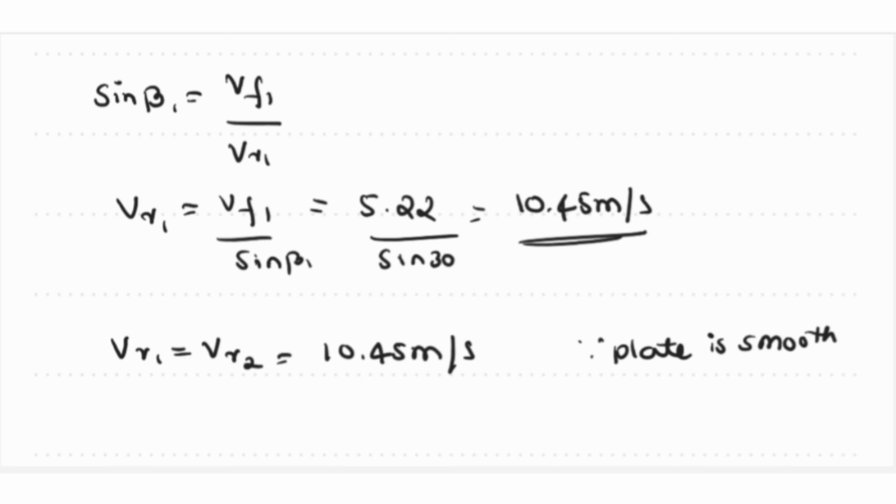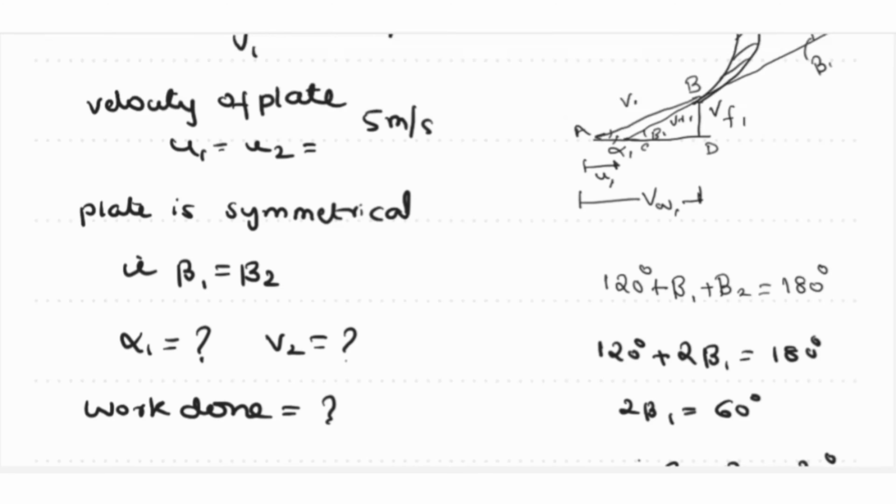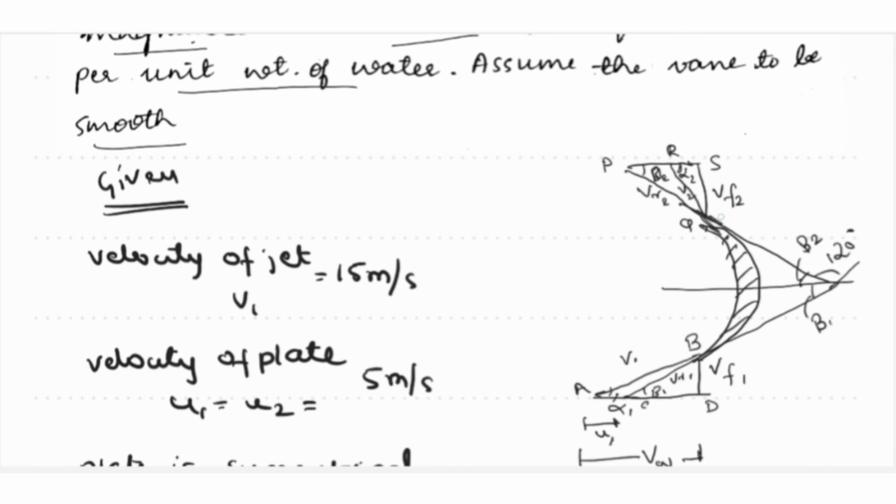So coming to the outlet triangle. Now we have shifted from the inlet triangle to the outlet triangle. In this we know VR2 is known here. So here this will be U2 and this will be VW2.